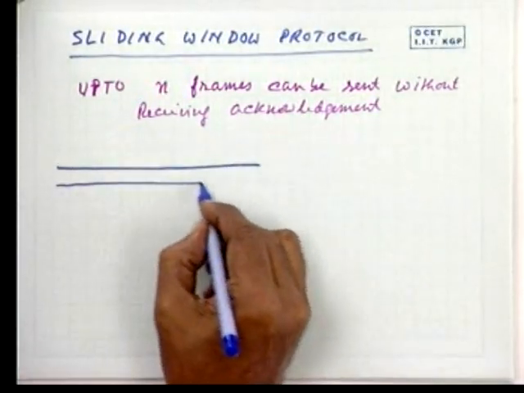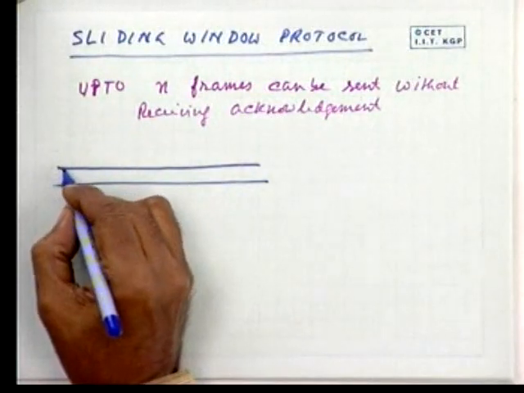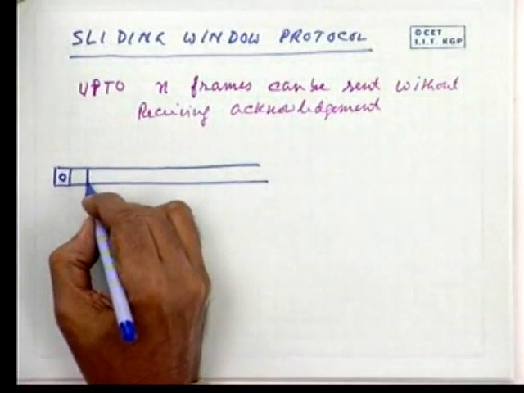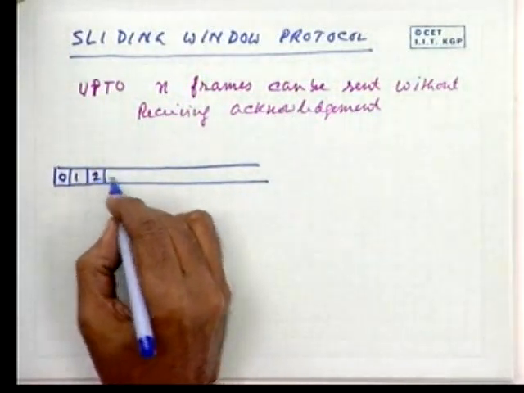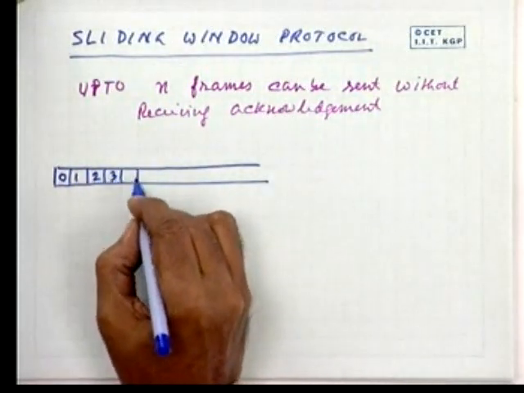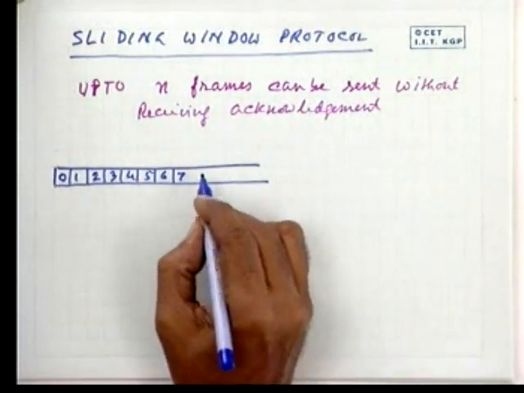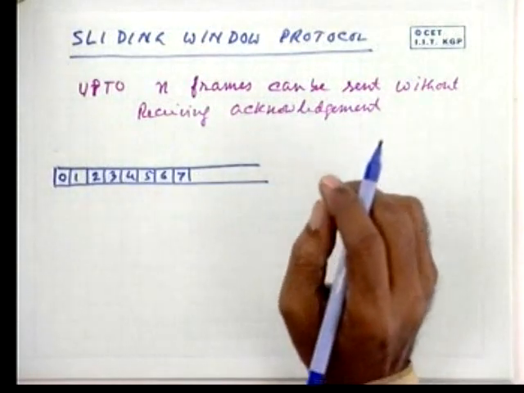Suppose these are the frames. It starts with 0, then 1, 2. These are the frames 3, 4, 5, 6, 7. Assuming that you have got 3 bits to represent the sequence number of the frame.